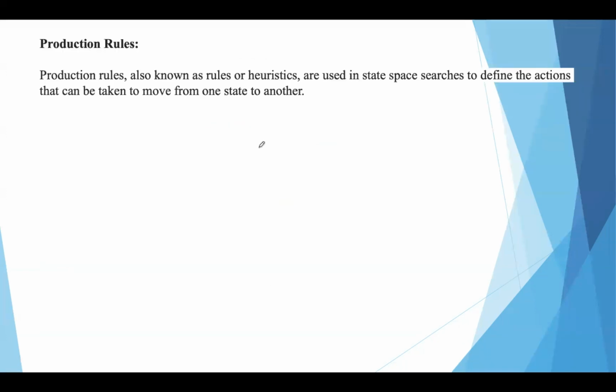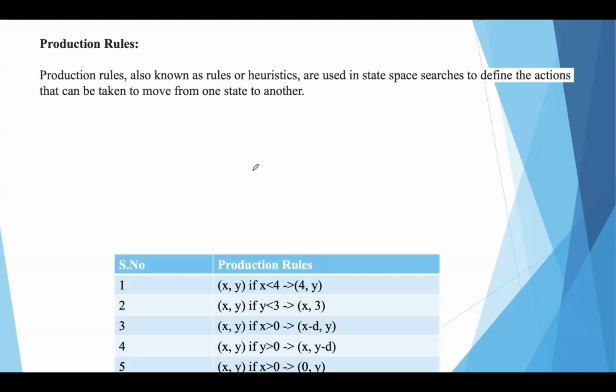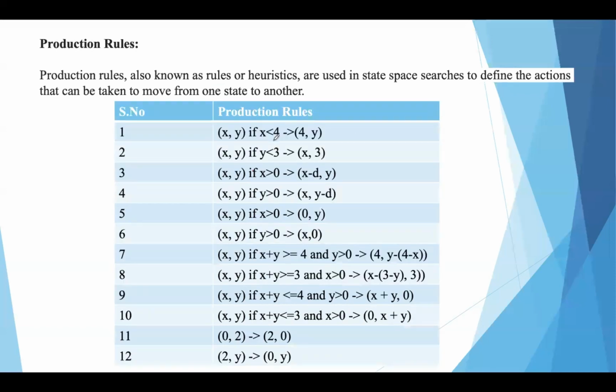Now let us see the production rules that are required in order to define the actions, which are necessary to move from one state to another. These are a few production rules.